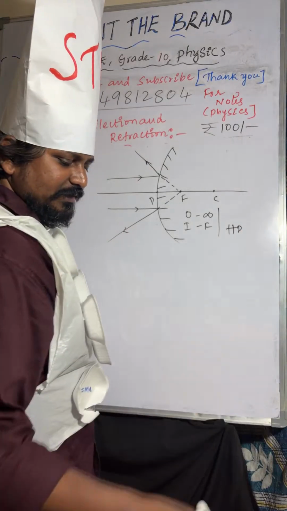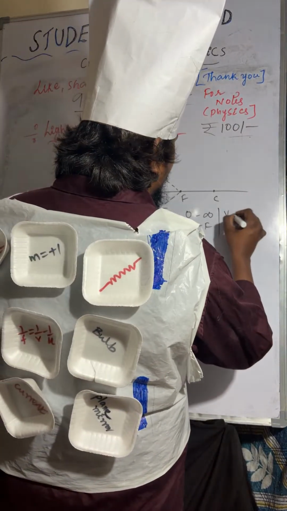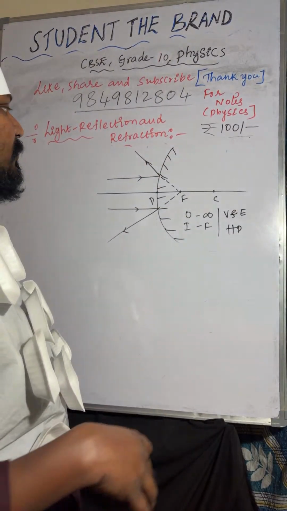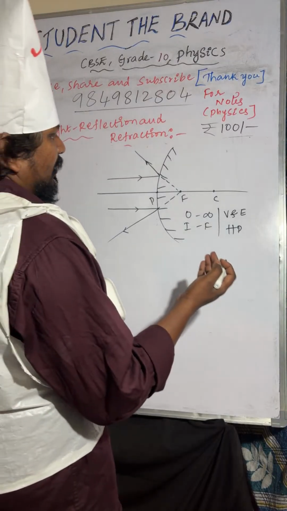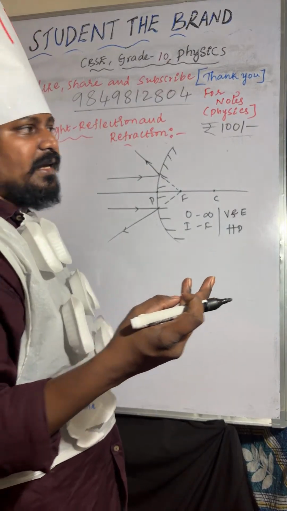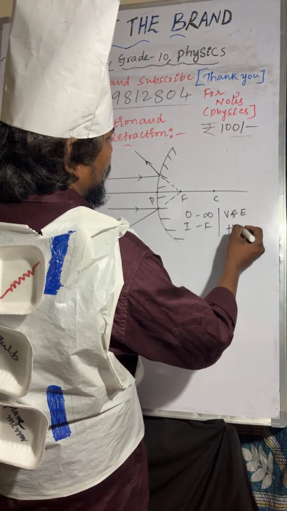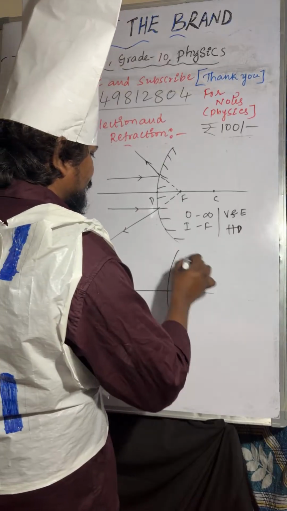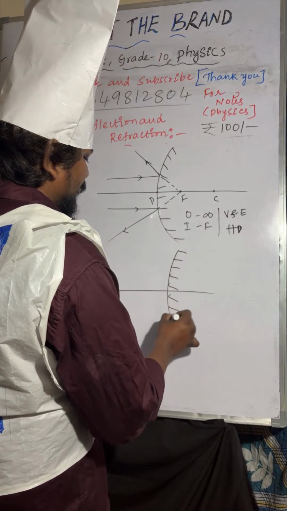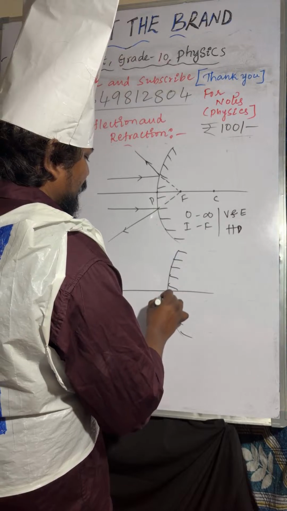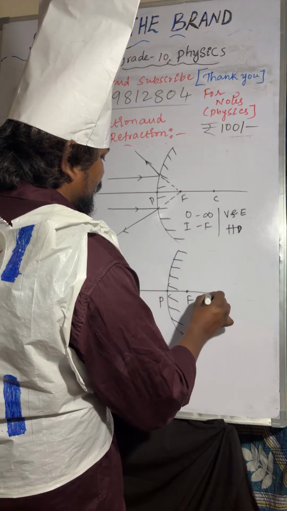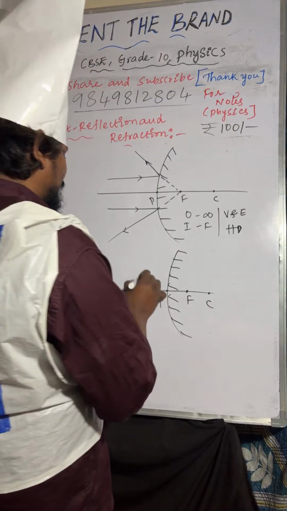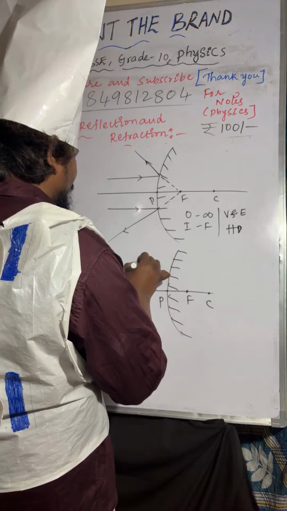Convex mirror, virtual and erect. The object is at infinity, and the image is formed at focus. So what type of image will form? Virtual and erect, and the size of the image is highly diminished because a point-size image will form. And coming to the next one: pole, focus and center of curvature. I am taking the object placed between infinity and the pole.